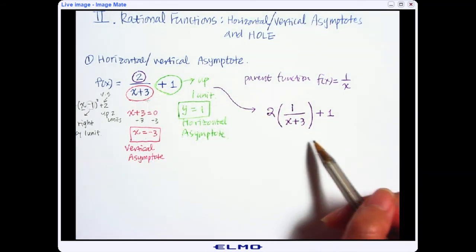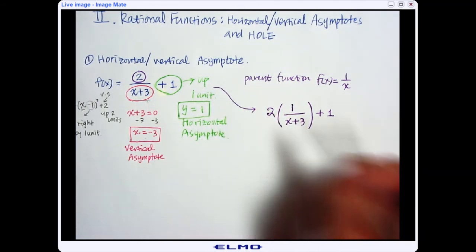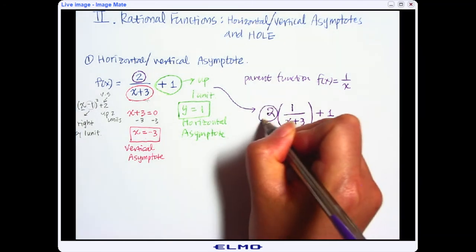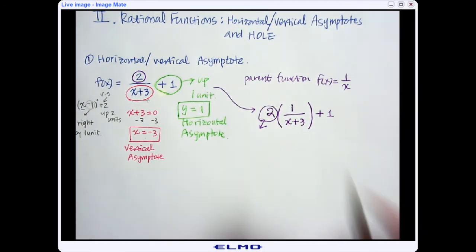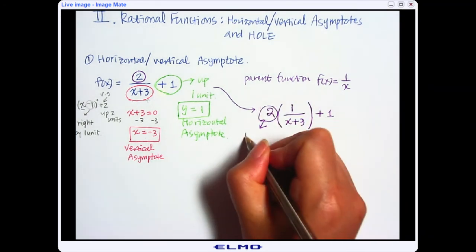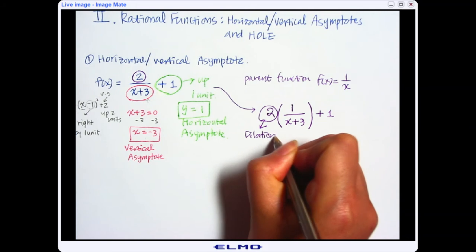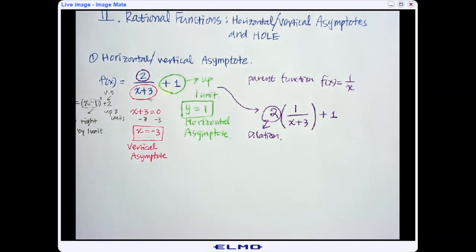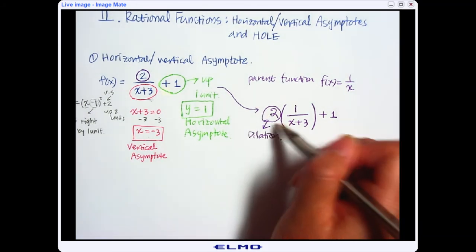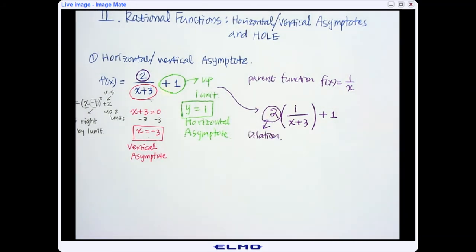Then if you look at this structure, this 2 is obviously working as dilation. Then just in case this dilation is a negative number, then as we always observed from other functions, it's going to cause some reflection over the x-axis as well.